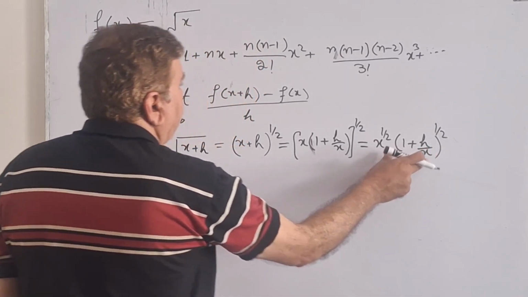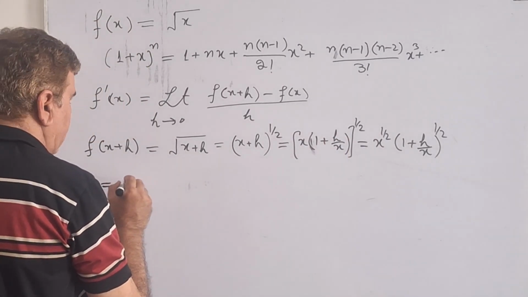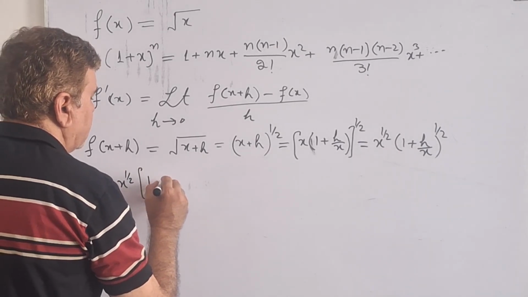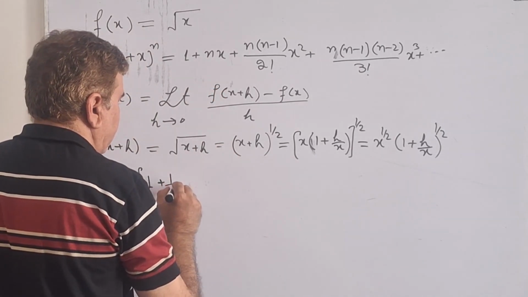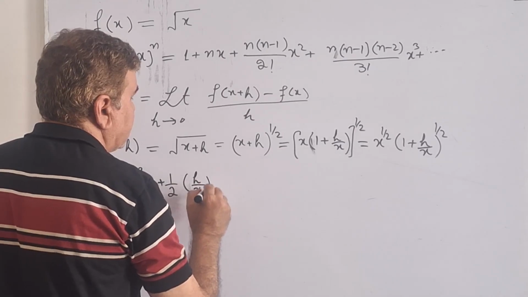So if I use binomial expansion on this, I can write this as x power half into 1 plus, n is half, so I write half into h divided by x.